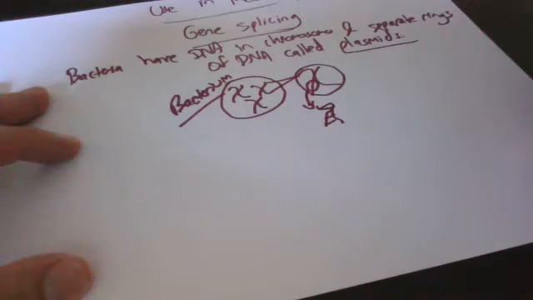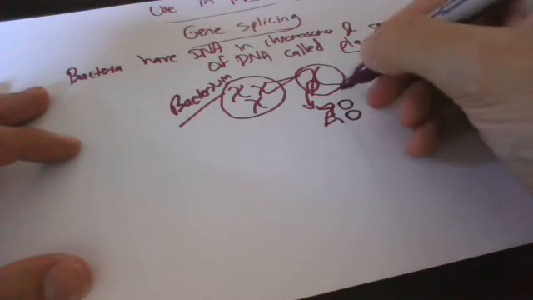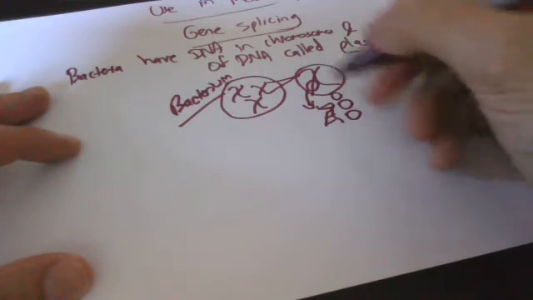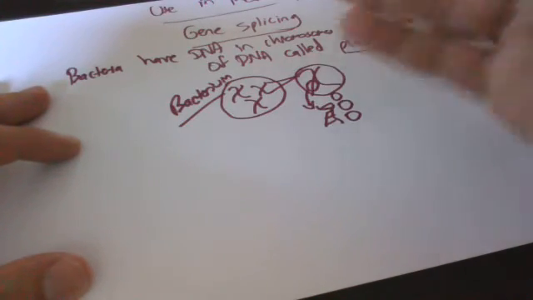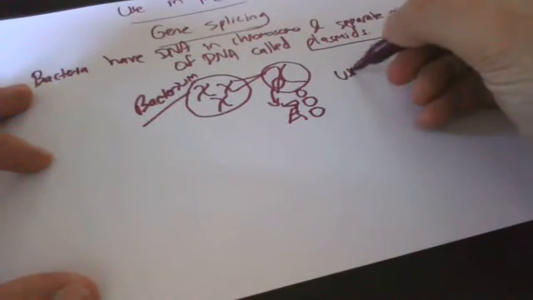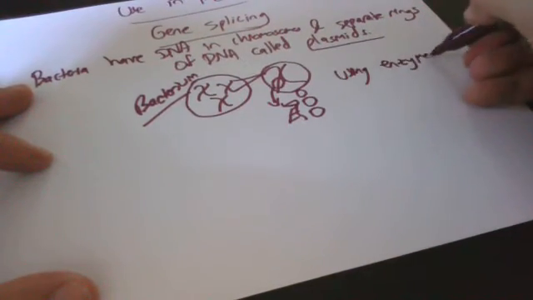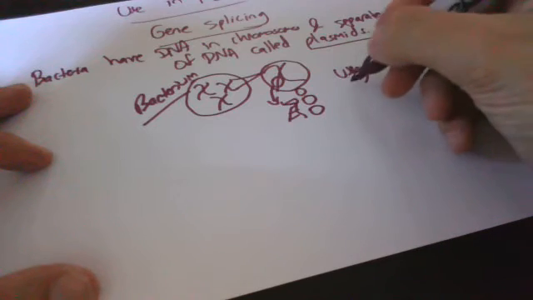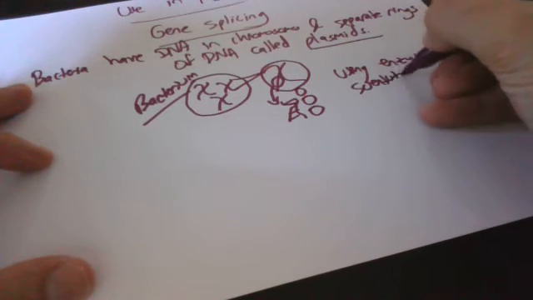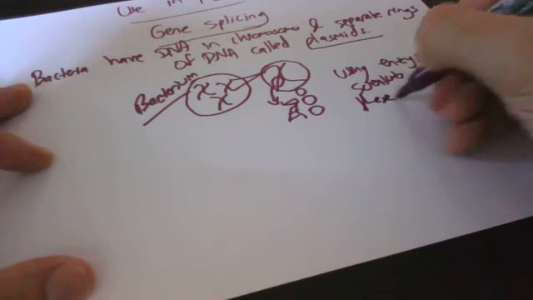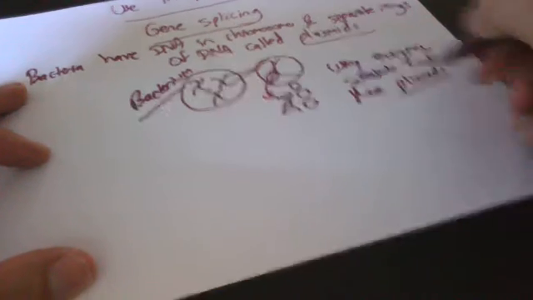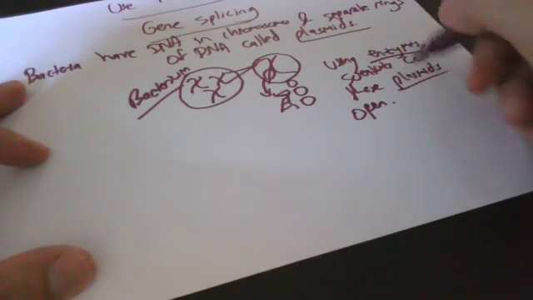And there's also separate rings hovering around in the chromosomes. Now, using enzymes, scientists have been able to cut these plasmids open. Enzymes are chemicals that cause reactions, right? Scientists cut these plasmids, these rings, open, using enzymes, and they spliced.